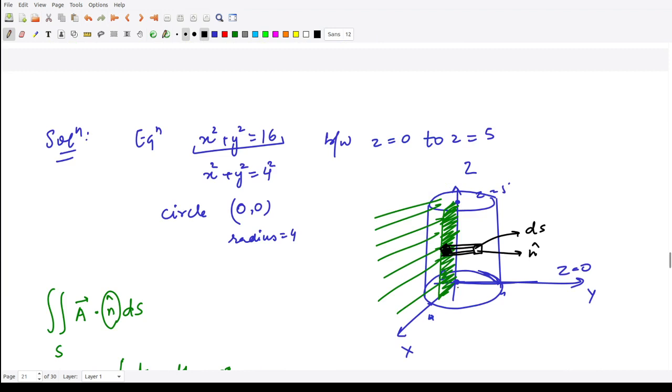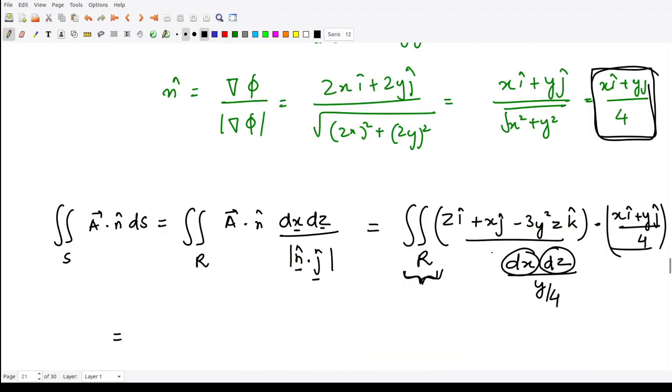For x, varying from here to here, the value of x here is 0, and x is equal to 4 at this particular point. And we see the value of z moving from here to here: z is equal to 0 here, and z is equal to 5 here. This is given in the question itself. So we got our limits here.